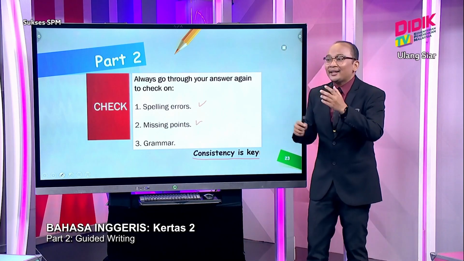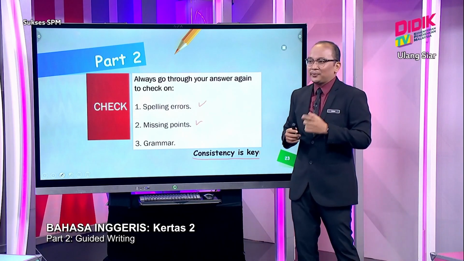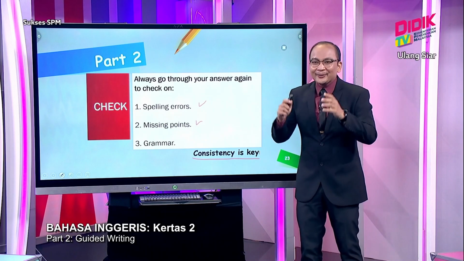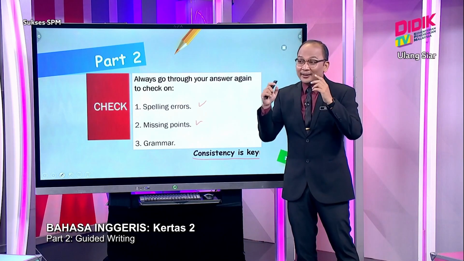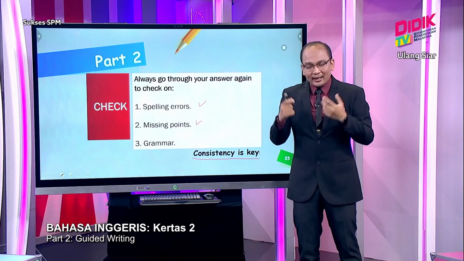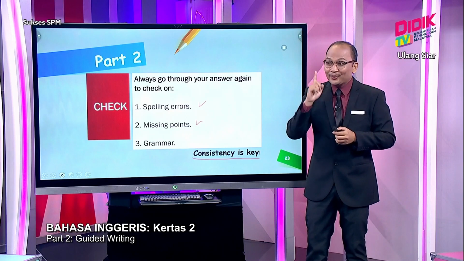How many do we need to complete, Chris? We have 3 prompts. You are given one situation and 3 prompts. Please try to answer all these 3 prompts in order for you to get the best score possible. If you are left with 1 or 2, I know it's going to affect your marks. So please bear in mind, you need to do all 3.